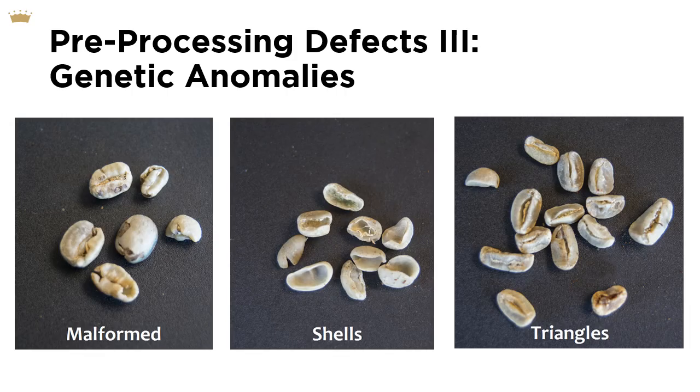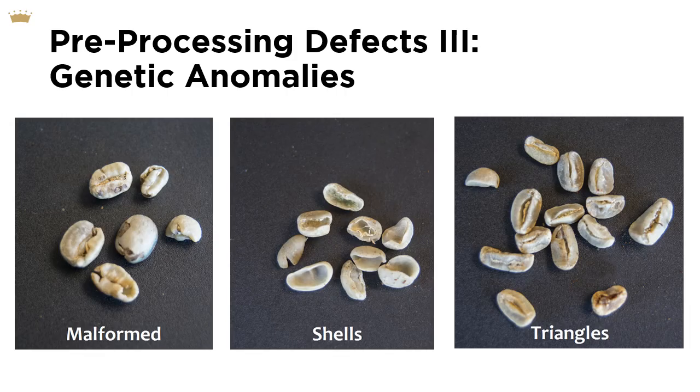Similarly, shells, perhaps the largest nuisance for roasters of the genetic flaws that we've talked about, are the result of a phenomenon known as false polyembryony. Polyembryony is simply a term that means multiple embryos developing within a single seed, but so-called false polyembryony is the anomalous occurrence of an abnormal dual embryo instead of two independent embryos.